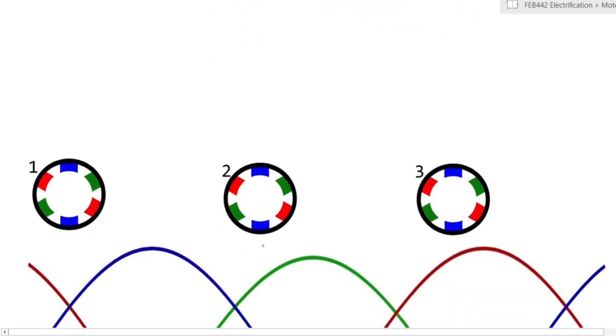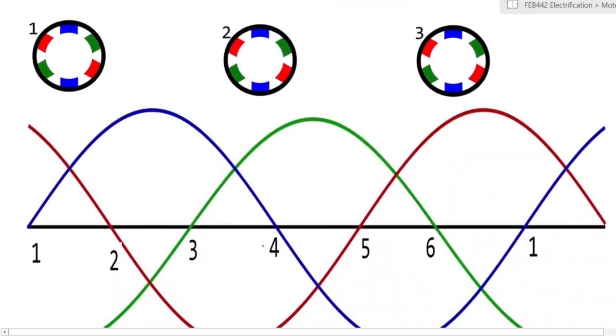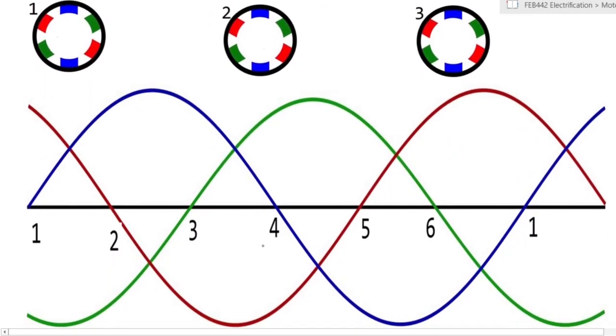Now, let's say you have a three-phase electrical voltage or electrical current that is applied as we have seen here, right? Remember last time we talked of three-phase voltage consists of three phases that are 120 degrees out of phase with each other.